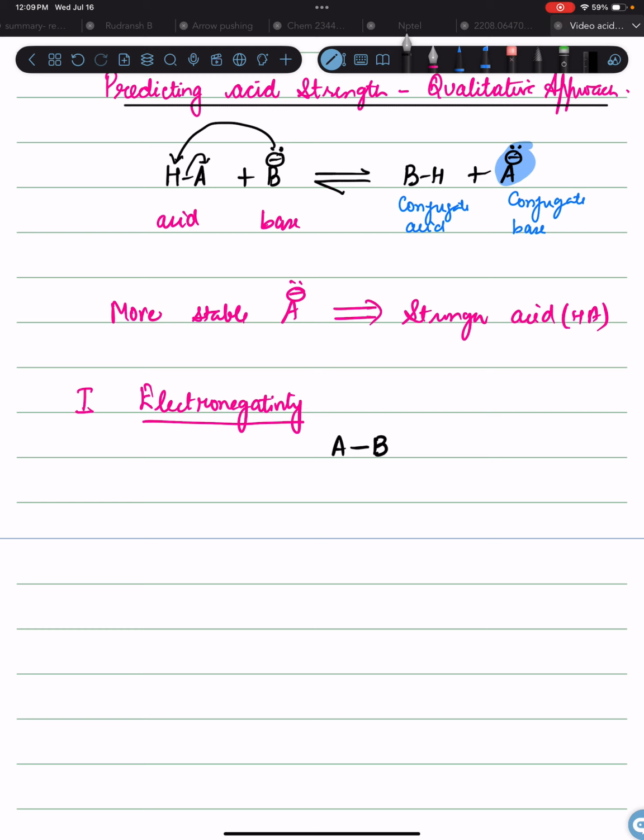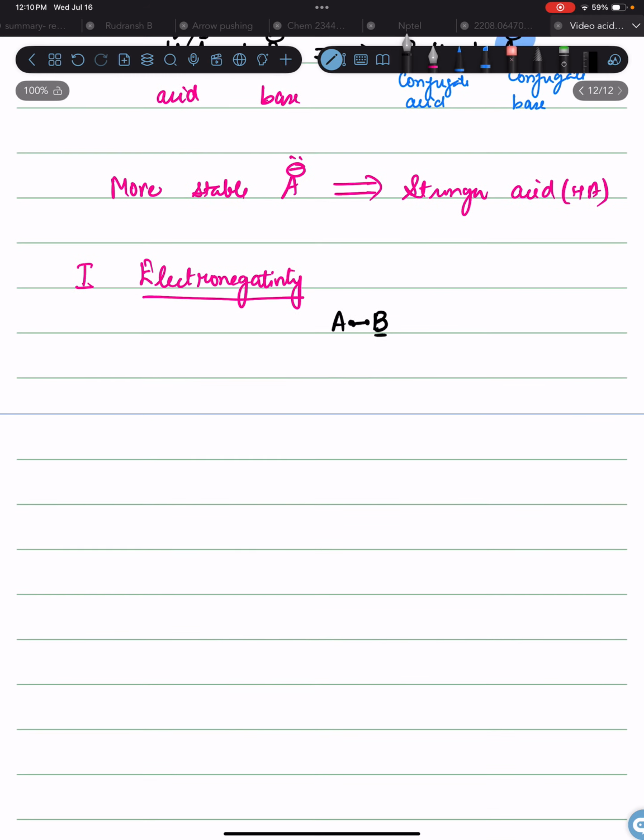There are two electrons, one coming from A and one from B, forming a covalent bond. If B's tendency to attract the shared pair towards itself is more, we say that B is more electronegative than A.